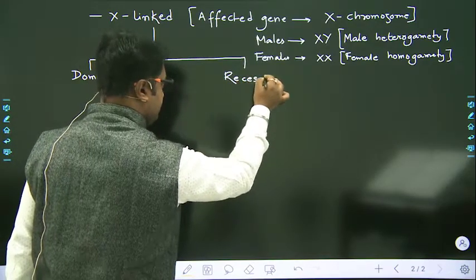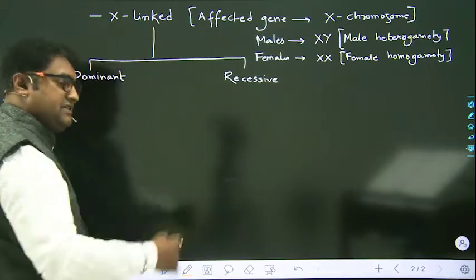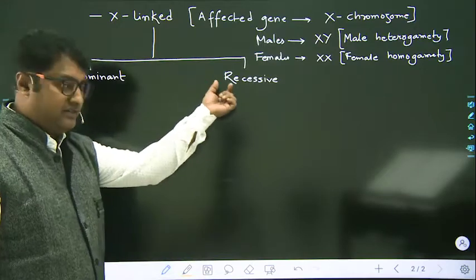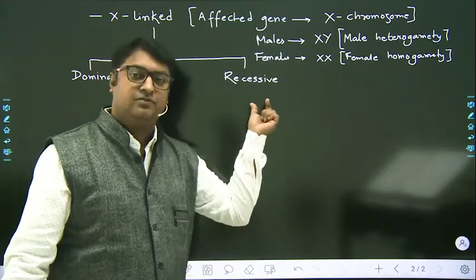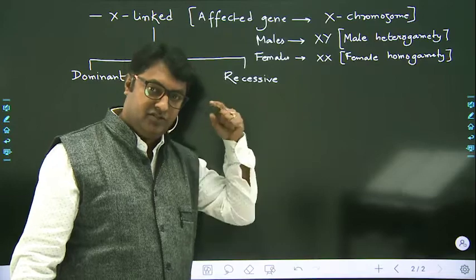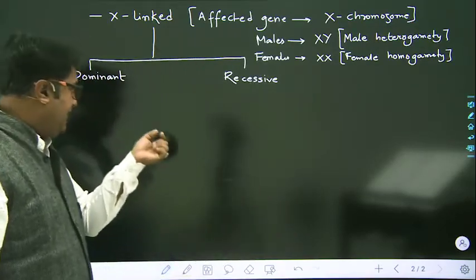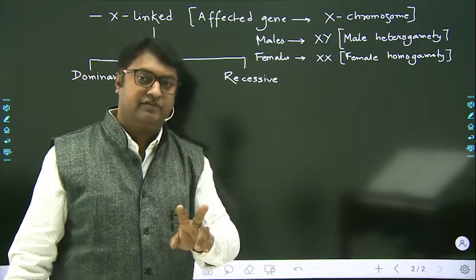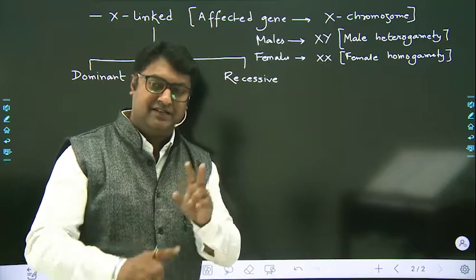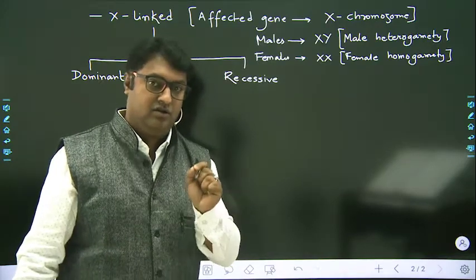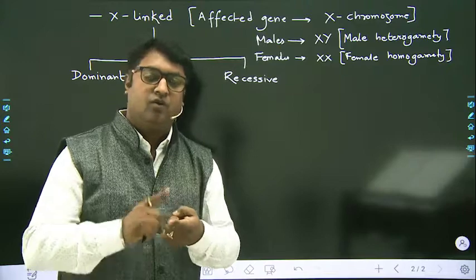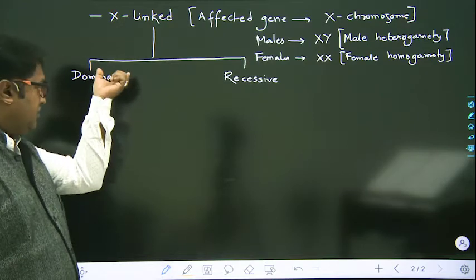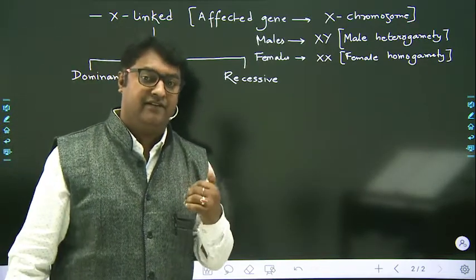Just as we have seen in autosomal diseases, in recessive, both copies have to be present, only under the homozygous condition. When we talk about dominant, either both of them have the dominant gene, that is homozygous, or even a single presence of a dominant gene, that is heterozygous, and the individual can still be affected.